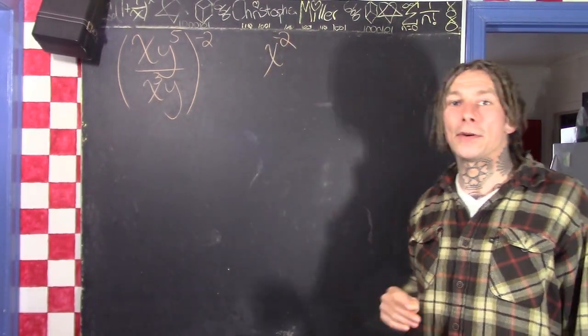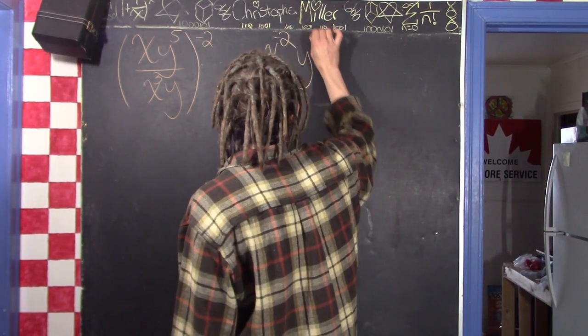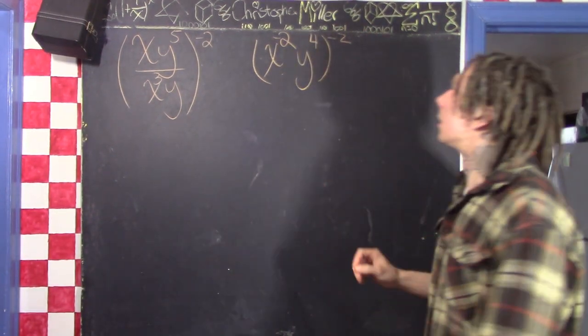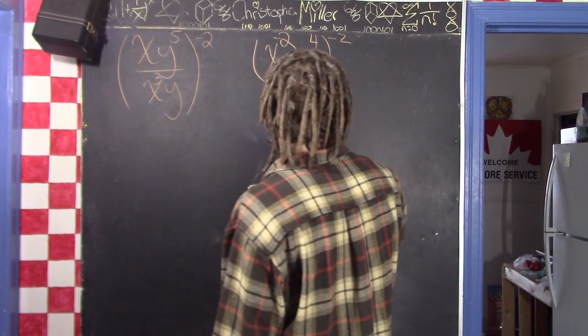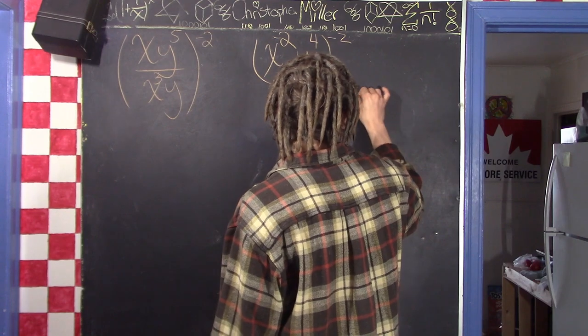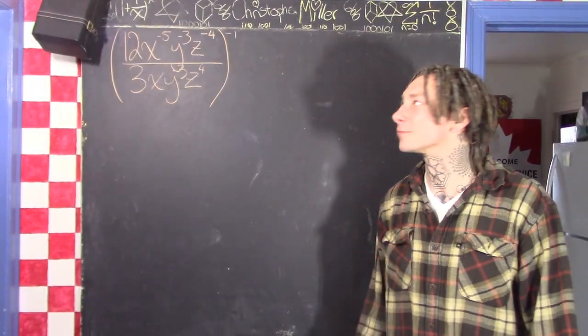Y to the power of 5 divided by y would give us y to the power of 4. All of this will still be to the power of -2. Now we run the -2 inside the parentheses. That will give us x to the power of 4, y to the power of -8. Easy peasy.